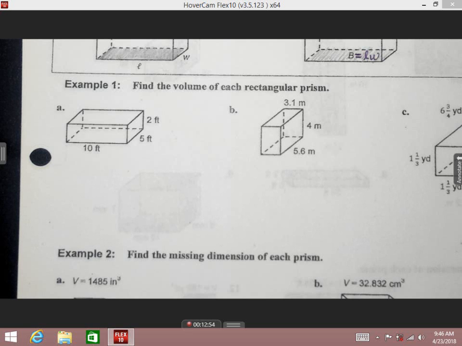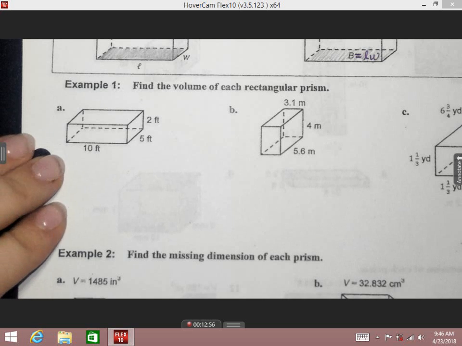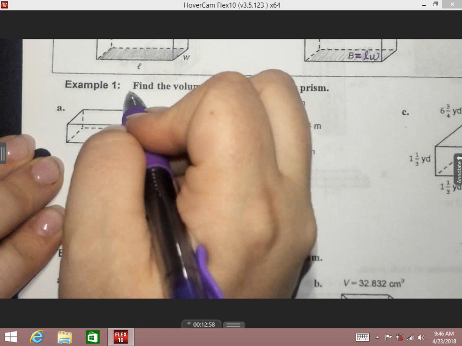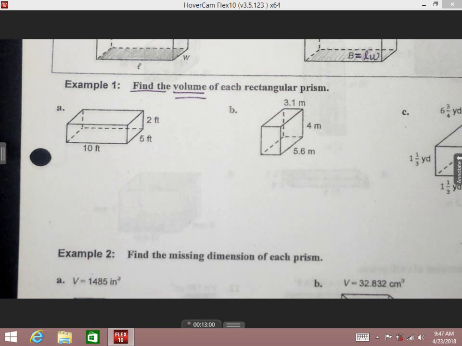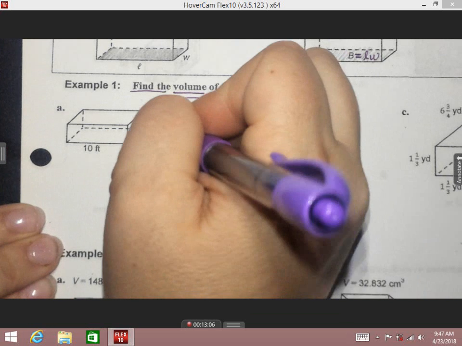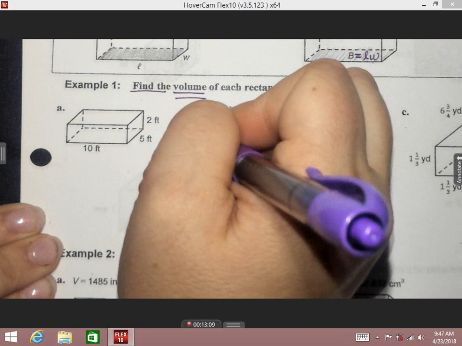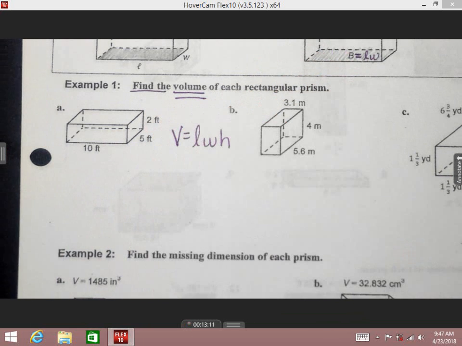All right? So for this first example, I'm going to start off by writing, oh, it says find the volume, which means I've got to use my volume formula. And my volume formula says V equals length times width times height. So we write our formula. After you write your formula, do you just get to, poof, magically give me an answer?